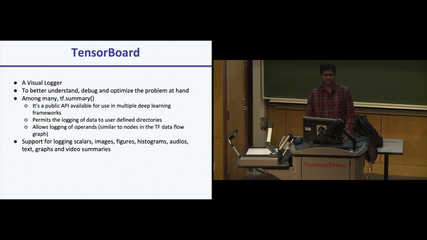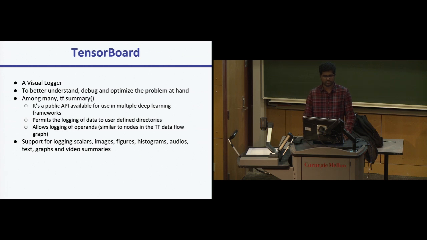Now, TensorBoard is basically a visual logger. Instead of logging all your losses, accuracies, and weights into a file or onto your terminal, you would rather want to see it visually, and looking at it visually helps you determine a lot of other things. Here I have given the APIs specific to TensorFlow, but I'll also be discussing the APIs that correspond to PyTorch. tf.summary is the publicly available API for use in the TensorFlow domain.